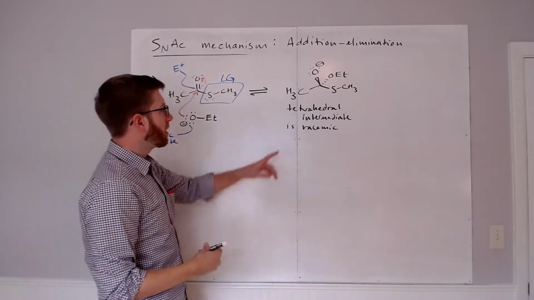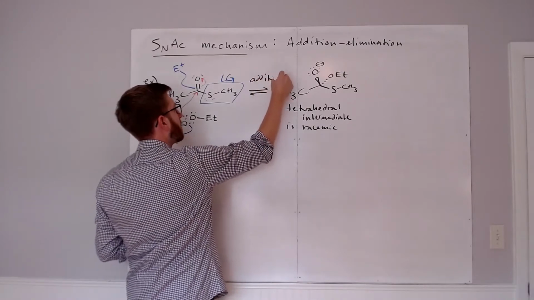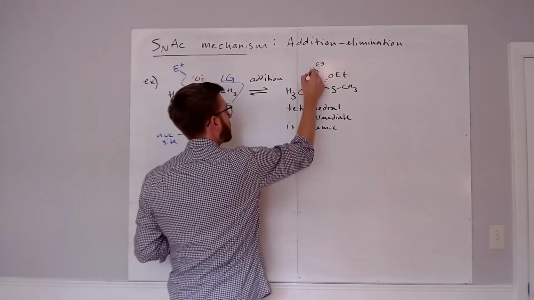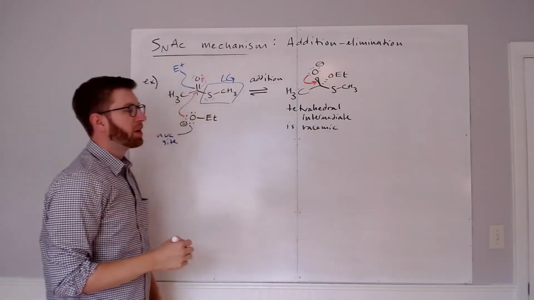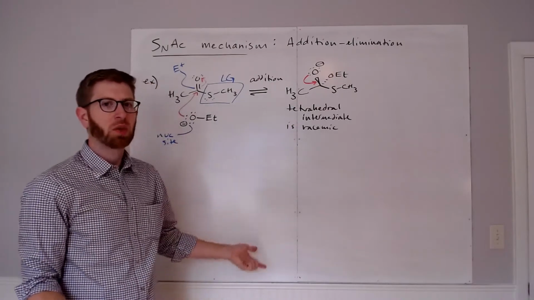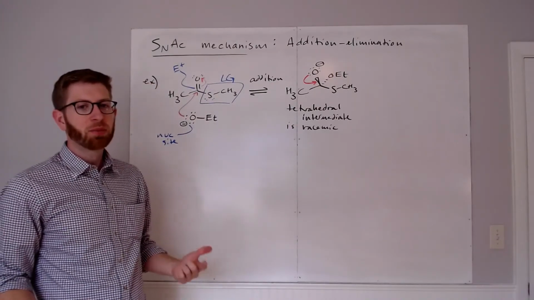Once I get here, the addition can run backwards. Because if I think about it, I want to reform the CO pi bond, and I have options for how to do that. I could eject a CH3 group. That's one possibility. Probably not too likely because of the instability of a carbon anion.